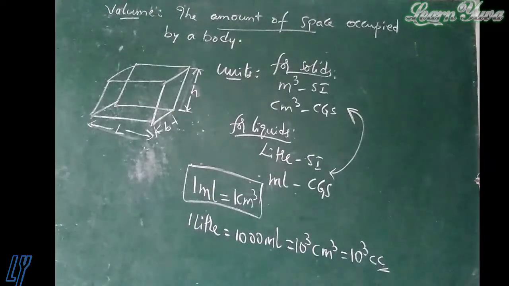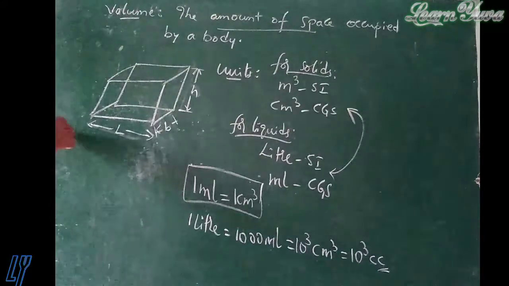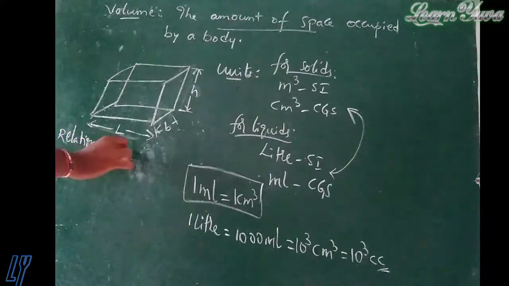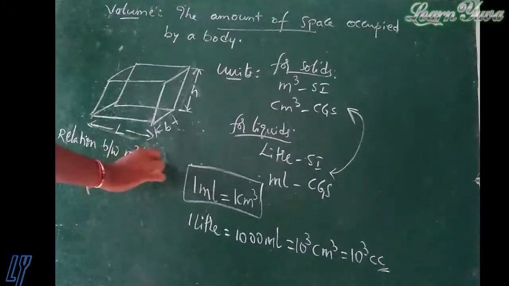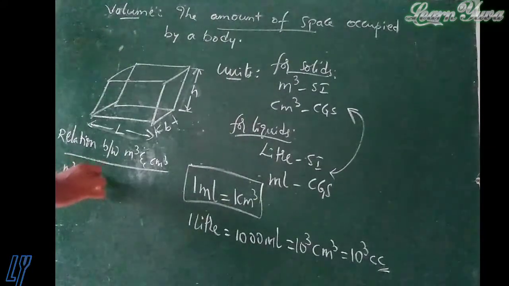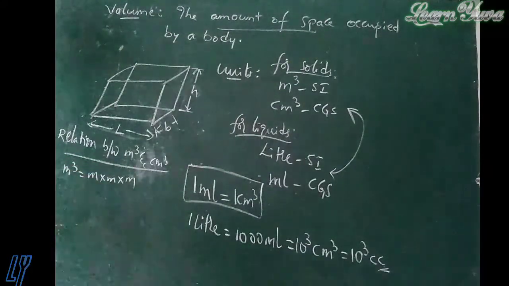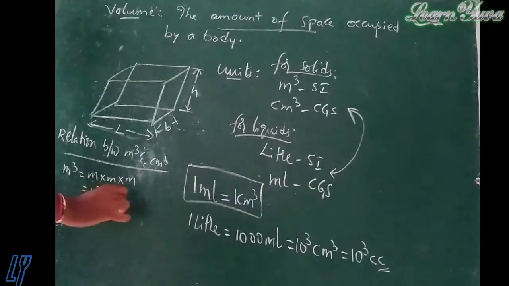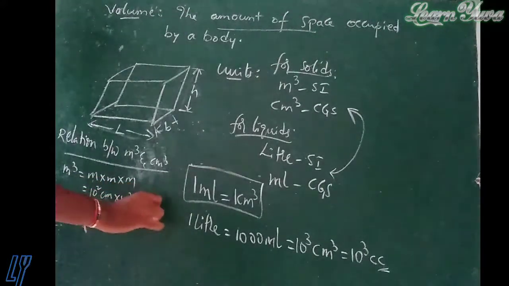And there must be a relation between SI and CGS here. The relation between meter cube and centimeter cube. Meter cube means meter into meter into meter. 1 meter is equal to 10 power 2 centimeter, so 10 power 2 centimeter, 10 power 2 centimeter, 10 power 2 centimeter.